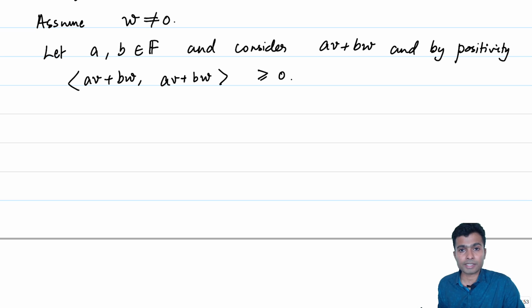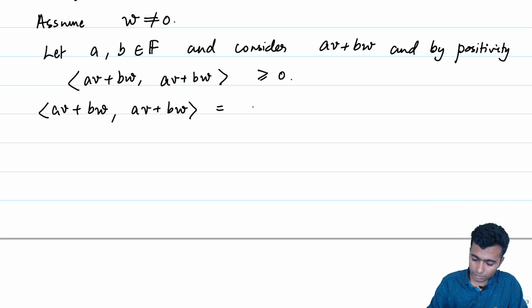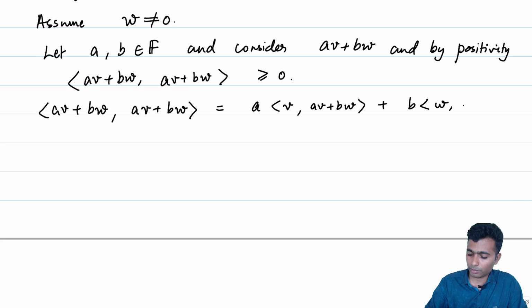Let's see what is in the left hand side here. AV plus BW, if you look at the inner product of this with itself, by using the linearity, this is just A times the inner product of V with AV plus BW plus B times the inner product of W with AV plus BW.